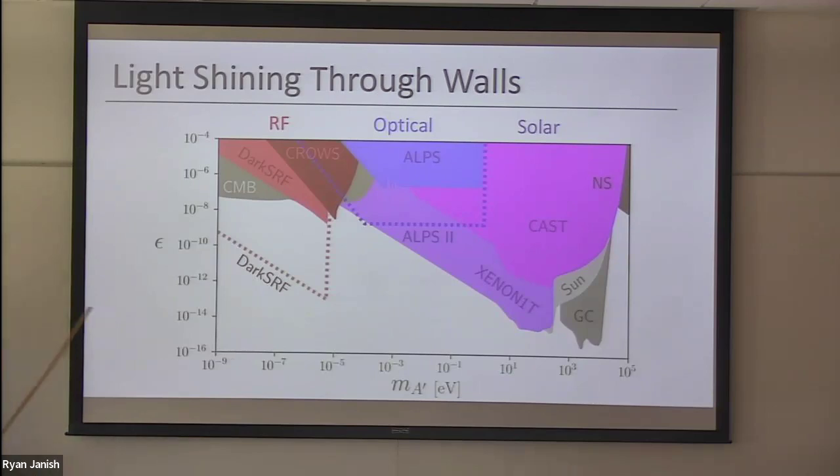This dotted line is future experiments that are underway. These are both funded things that are happening and taking data now. And then the colored ones are existing limits.